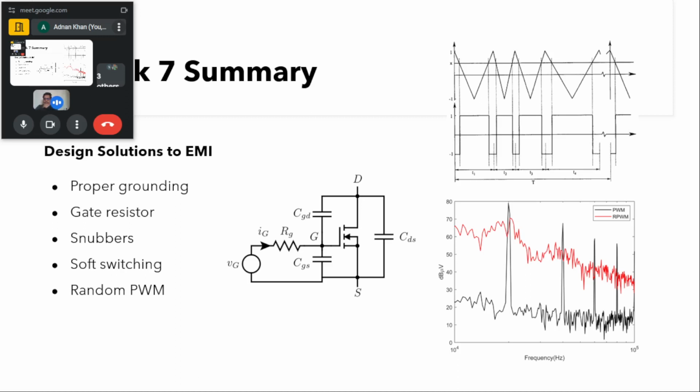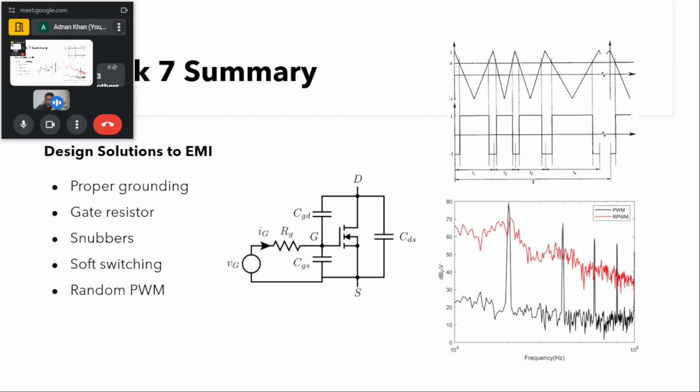But in soft switching, the voltage or current level is first decreased to a particular level, and ideally we want it to be zero, and then we switch our device at that time only, because then the dv/dt will be very less.